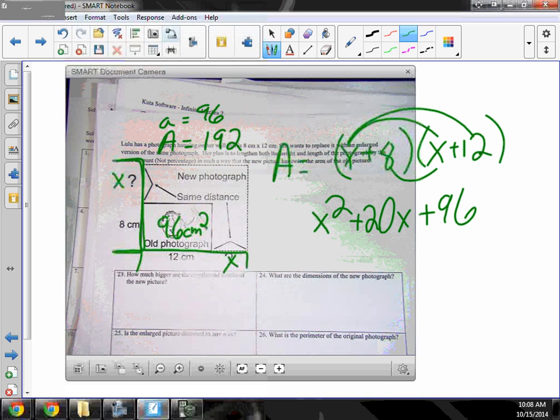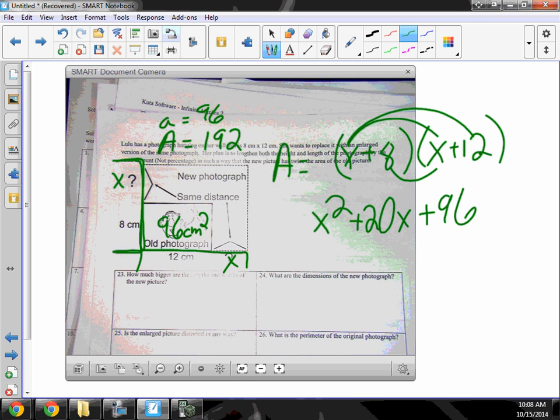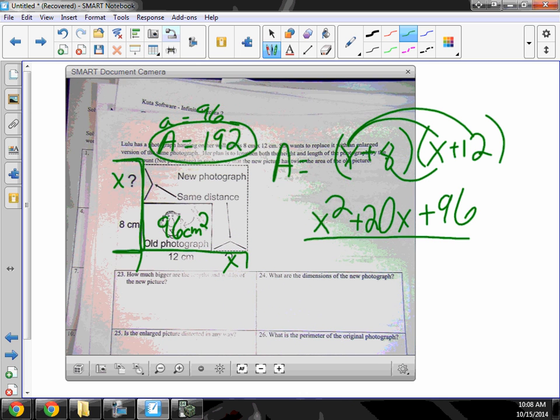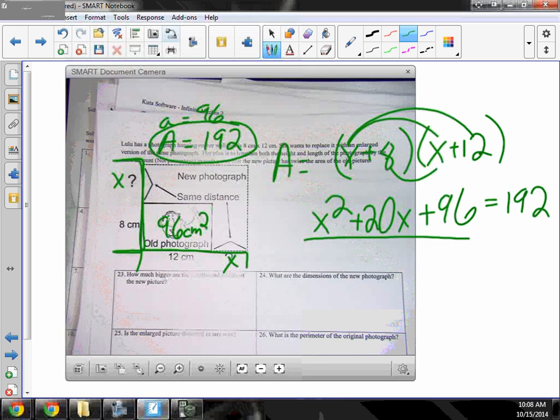So this equation represents all possible values of x. Okay? So this is the area equation when x could be any number. But there's only one x that satisfies the equation when it equals 192. So we write equals 192.